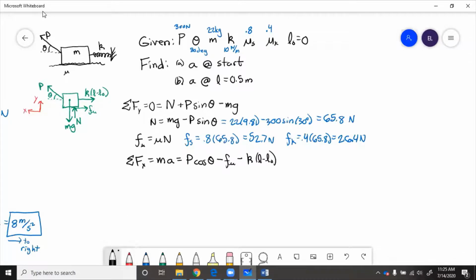Now we've got to check static friction. We've got to see if the block actually moves. So if the block doesn't move, acceleration would be 0. So we have 0 on this side, and then we compare that to P cos theta minus all this stuff.